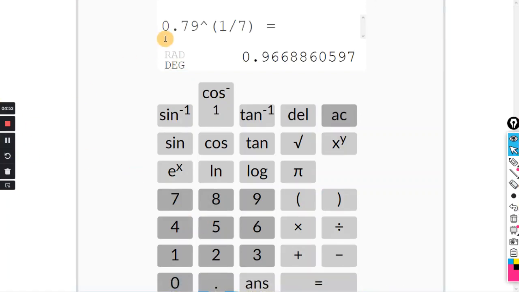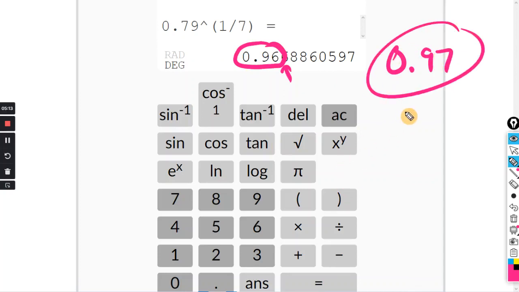It made me put a 0 in the front. 0.79 to the power of parentheses 1 over 7. And they said round to 2 decimal places. You look at the third decimal. If it's 5 or more, you round up. So 0.96 is becoming 0.97. That's what it gets multiplied by each day.